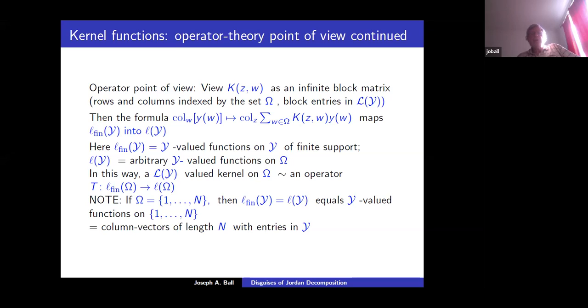So I want to introduce notation: L finite of Y, Y-valued functions on omega with only finite support, and L of Y, Y-valued functions on omega, possibly with arbitrary non-zero support. Then, because the y you feed in here is only finite support, this sum is finite.